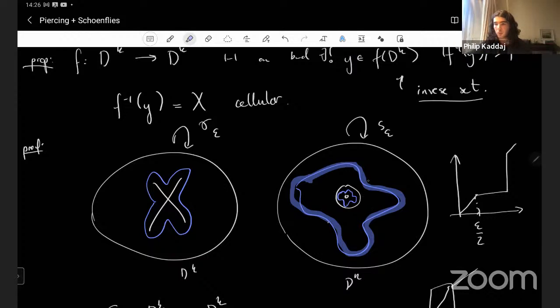So I want to squeeze so that the image is very small, and then I take its pre-image under F. And I claim that this parametrizes neighborhoods of the cellular set, or of the inverse set. We don't know it's cellular yet.